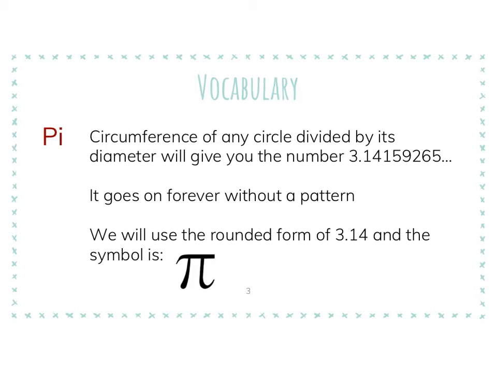And for use in class, we will be using the rounded form. You can't type an infinite number into your calculator, so we will be using 3.14. That's the most common one. You'll probably see it on Alex or other programs or worksheets. It will say use 3.14 for pi.